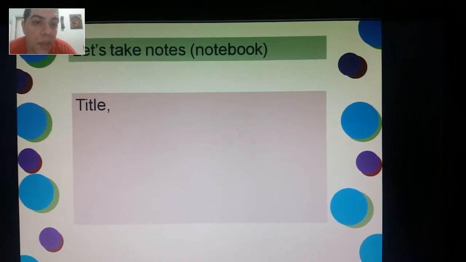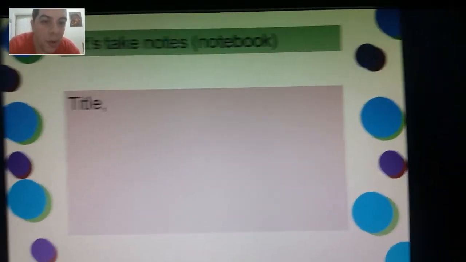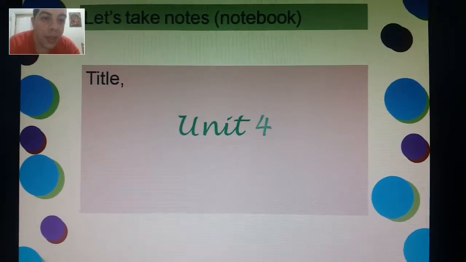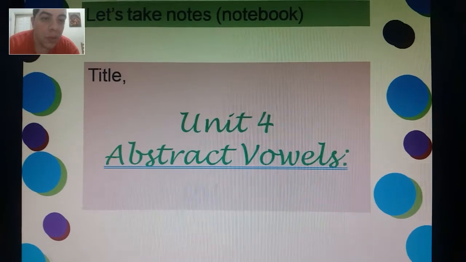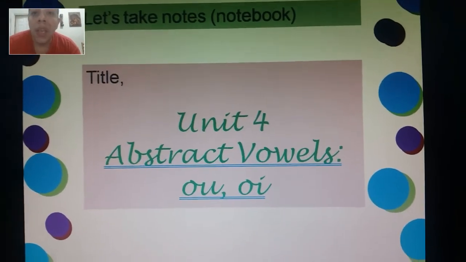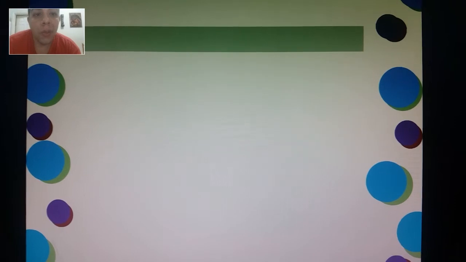You actually need a title for your notes on your notebook. So, write Unit 4. Abstract vowels. OU, OI.